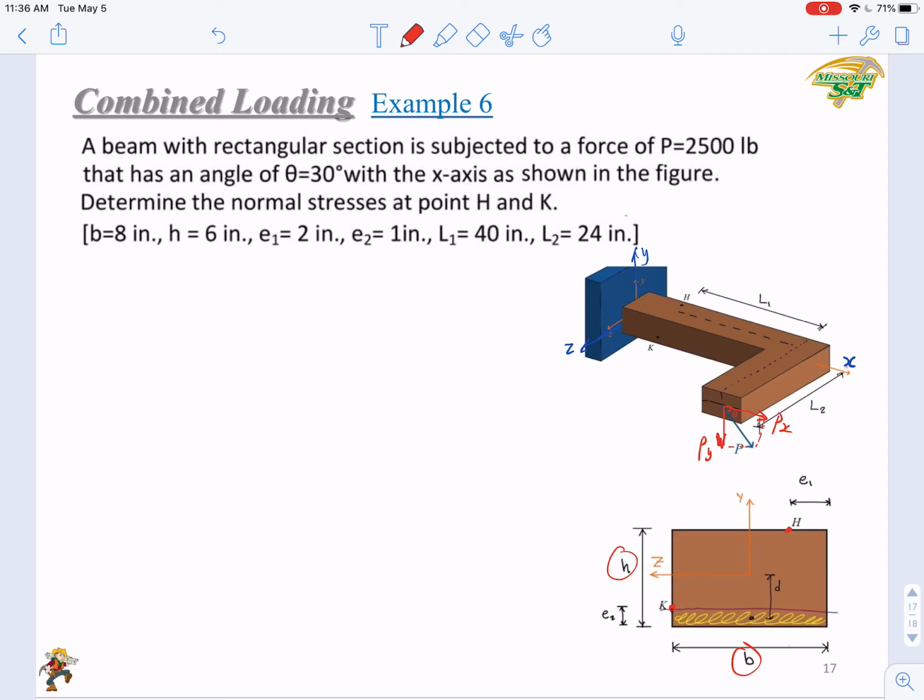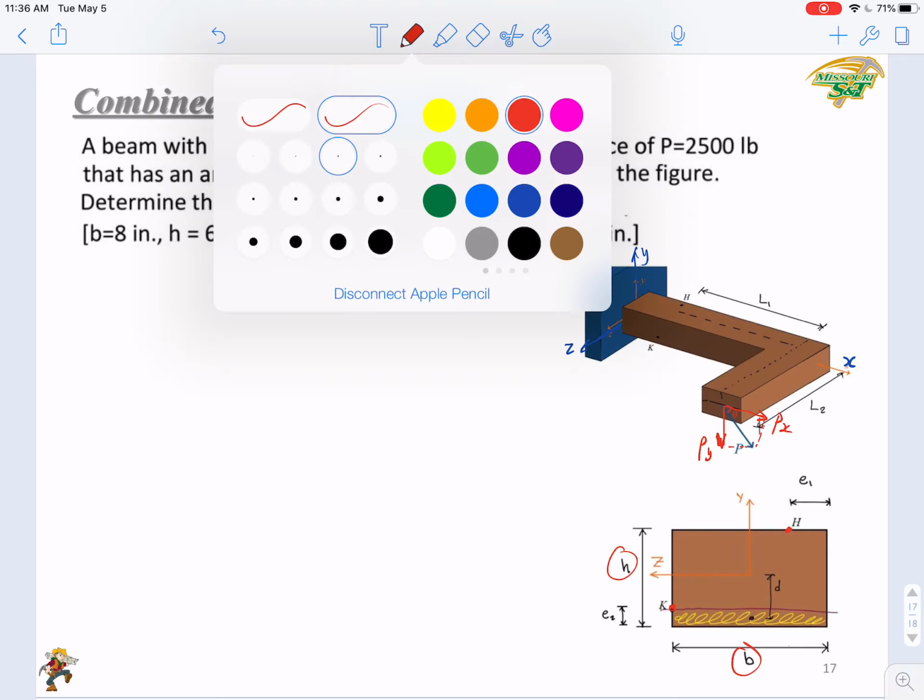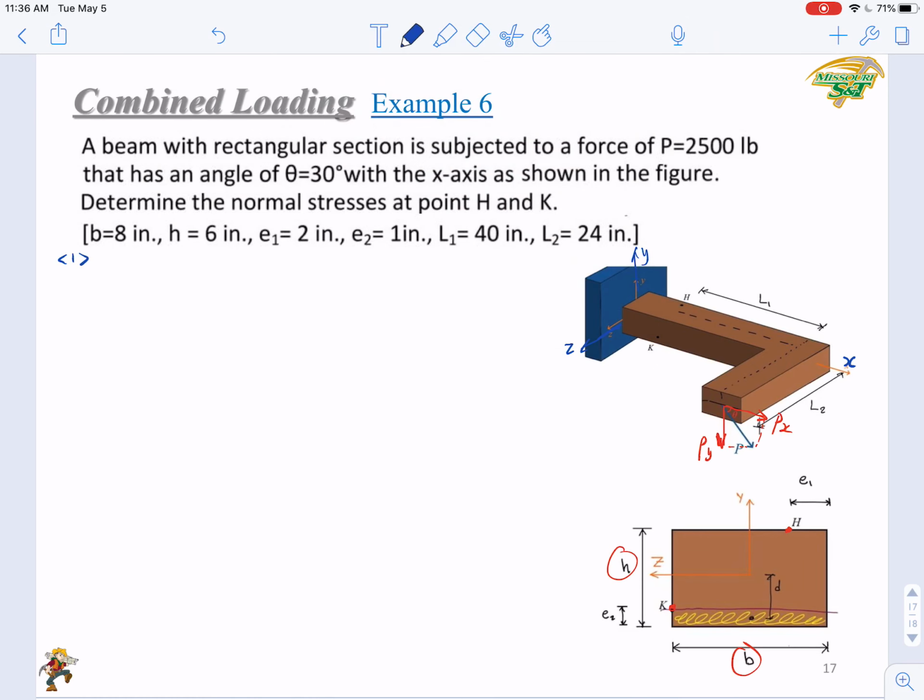The first step, again, we need to determine the internal forces. But first of all, we need to determine the external loading, right, the forces. The first step, external and internal forces. Okay, since the P has been given, so what is the Px? Px would be P times cosine 30 degree, right?